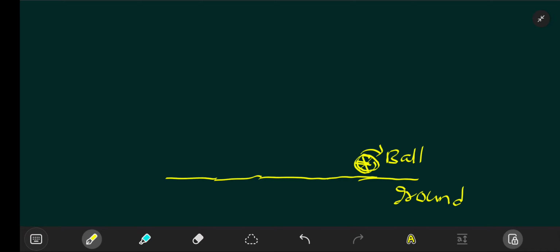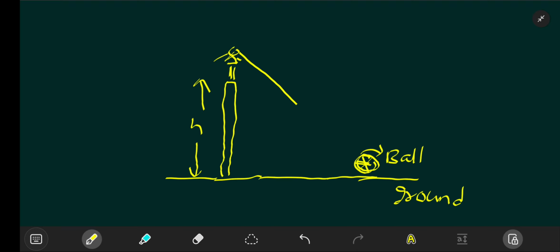Now a person is at a height of h, standing over here. To see this ball, he has to look downwards.